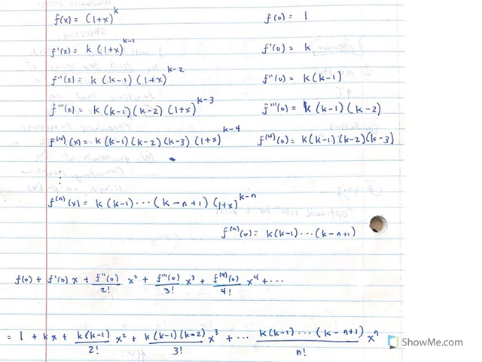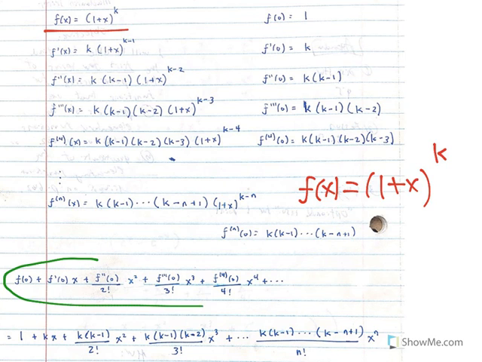So we're taking a look at objective 1 here. You'll know that the Taylor series centered at c equal to 0 for a function of the form f of x is equal to (1 plus x) to the k power is called a binomial series. So what we're going to do is apply the definition of Taylor series, which I am circling in green.